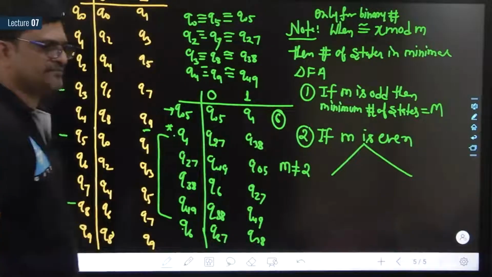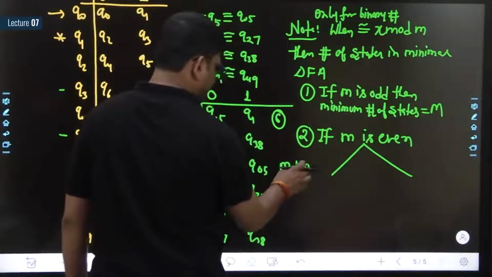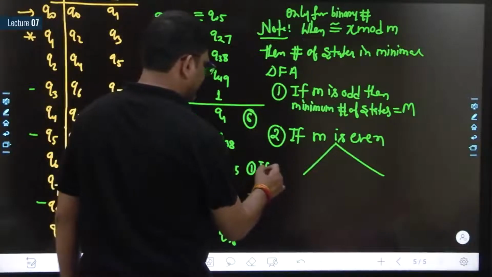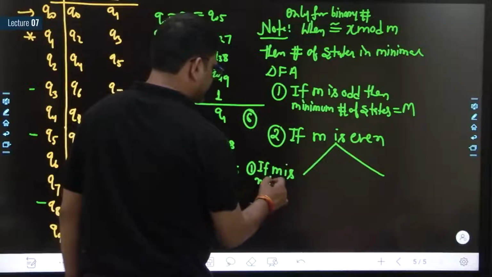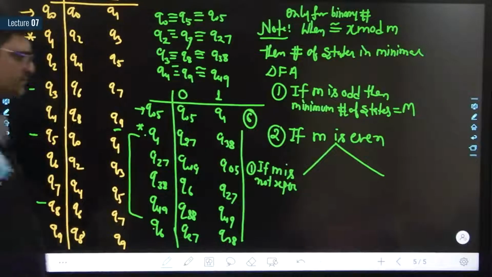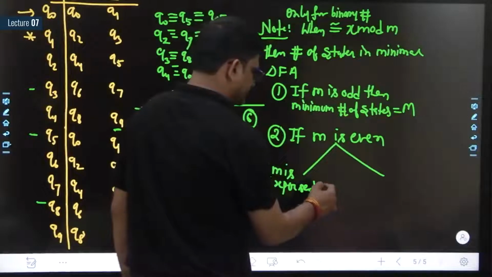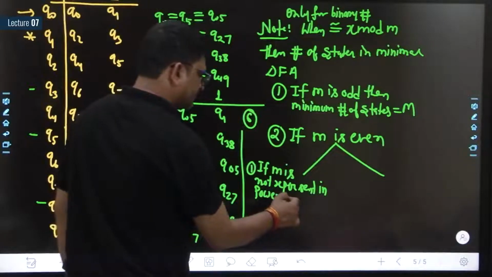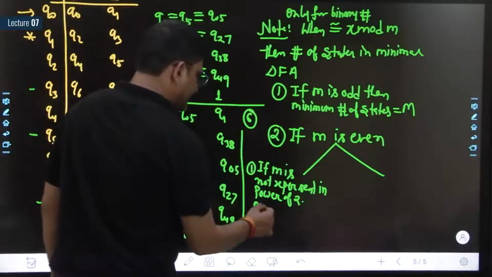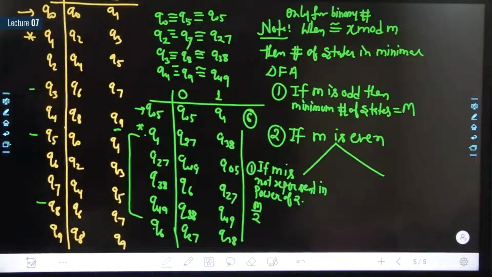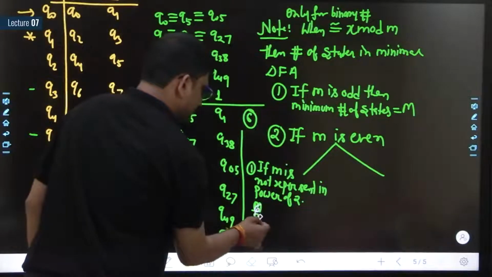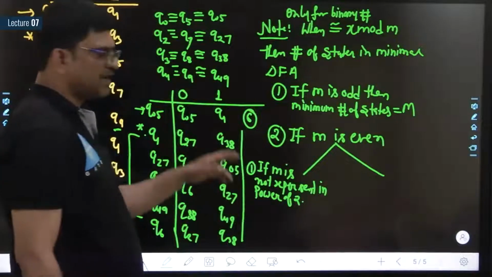If we cannot represent M as a power of 2, then divide M by 2 until the remainder is odd.